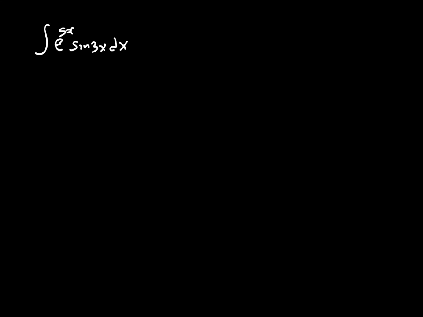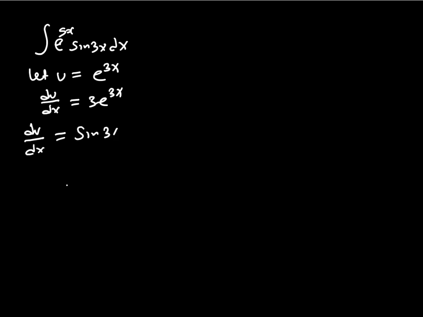Okay, so we say that if there is an exponential function, that automatically becomes u. So I let my u equal e to power 3x. That means that du by dx is 3 e to power 3x. Then dv by dx is sine 3x.